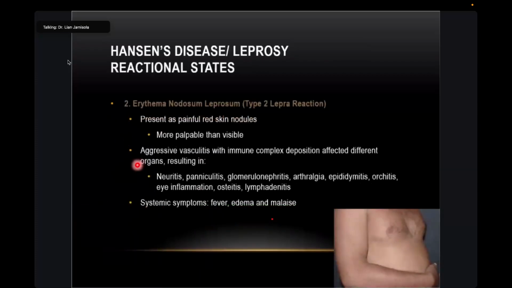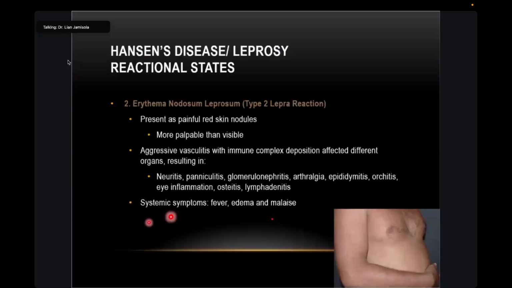And then your erythema nodosum leprosum presents as painful red skin nodules that are more palpable than visible. And it can also present with aggressive vasculitis with immune complex deposition affecting other organs like neuritis, panniculitis, your kidney, your joints. So it's very important to recognize them early as well.